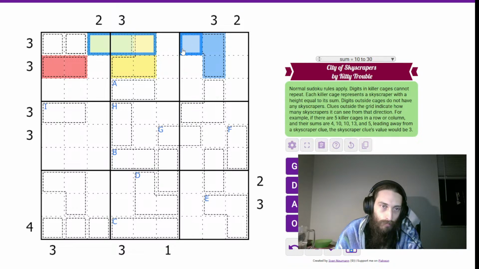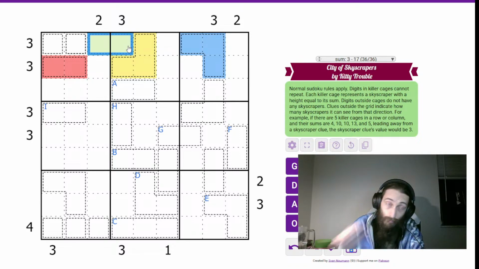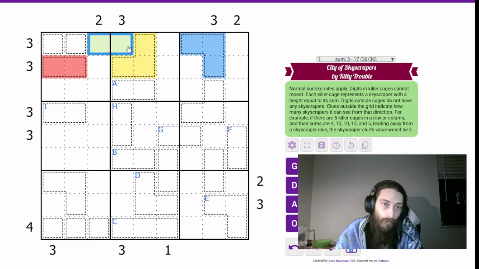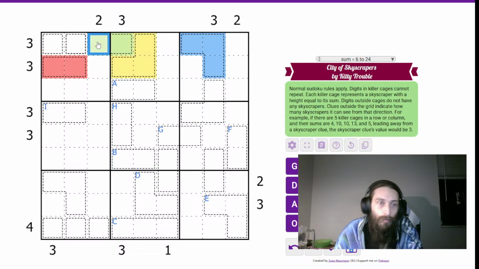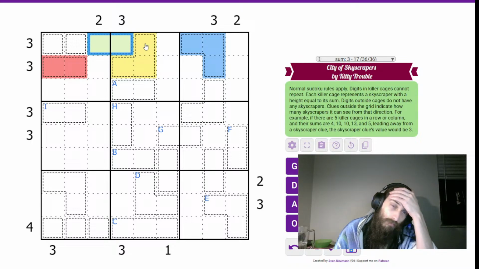So this 3 cannot see green. And it cannot see yellow. Well, it could see yellow, okay, because it can see these 3. It just cannot see green.